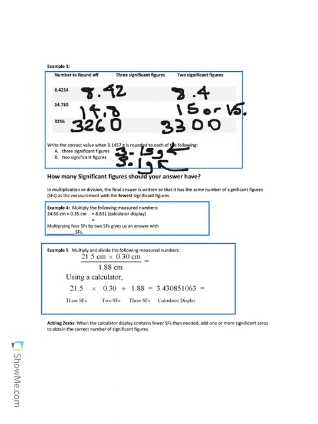For example, if you multiply 24.66 centimeters times 0.35 centimeters, your calculator will give you 8.631. The answer 8.631 has 4 significant figures, but of your two original measurements, one has 4 significant figures, one has 2. Your answer should have only 2.